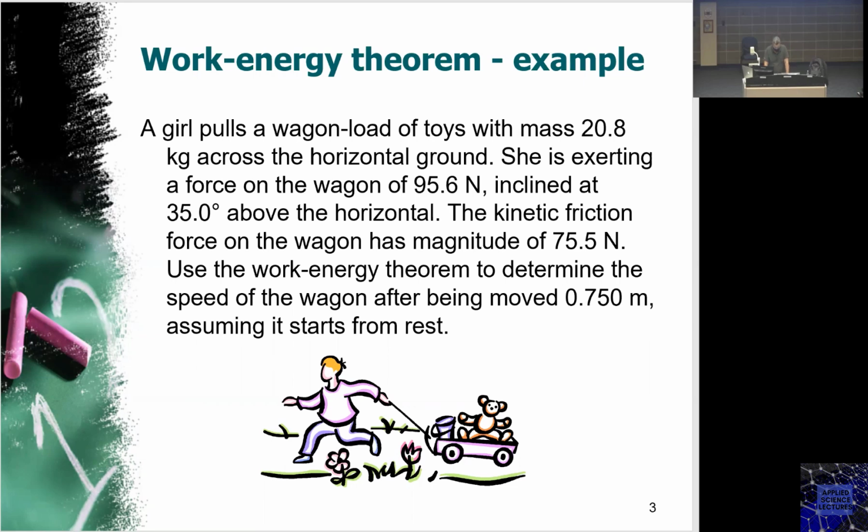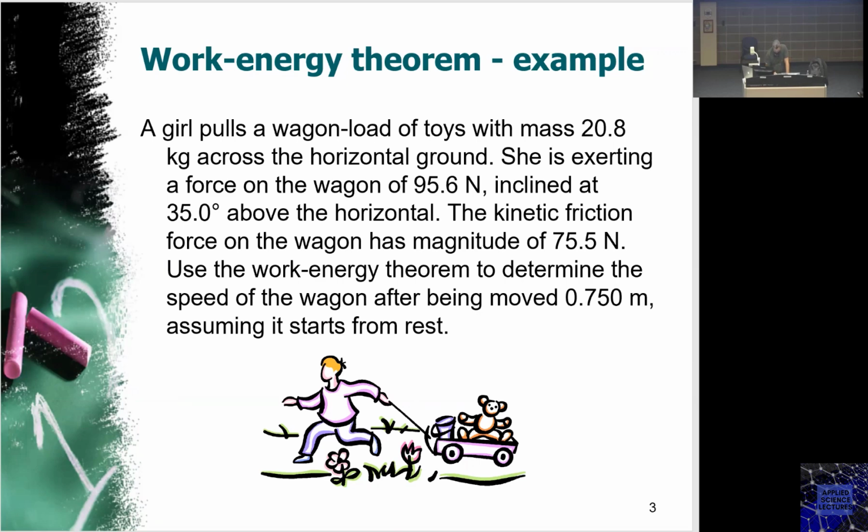The kinetic friction force on the wagon has a magnitude of 75.5 Newton. We need to use the work energy theorem to determine the speed of the wagon after being moved 0.75 meter, assuming it starts from rest. So starting from rest means that the speed is 0 at that moment.